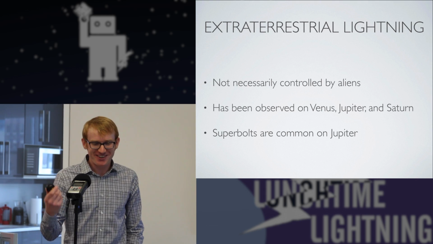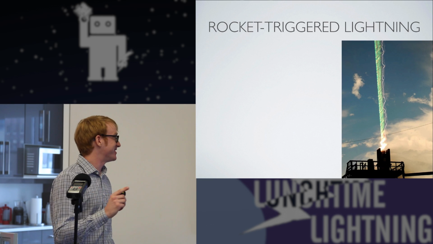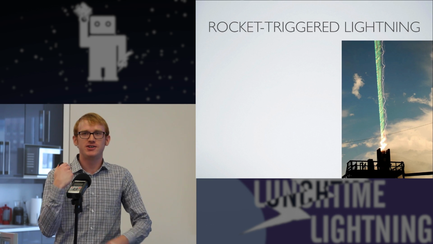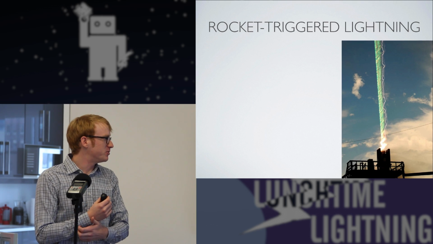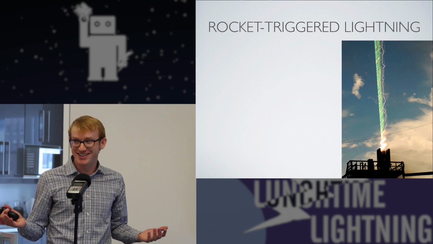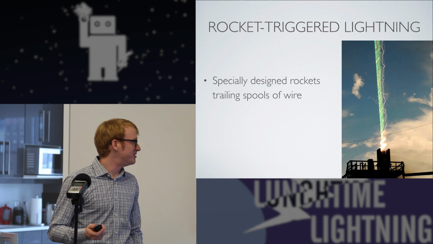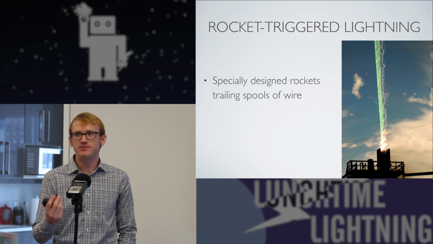I don't know. There's rocket-triggered lightning. Check this out. We have designed a way to trigger our own lightning bolts using rockets. What we do is we shoot these rockets up that trail a spool of wire.